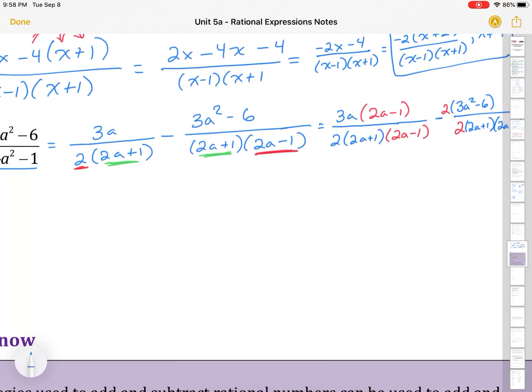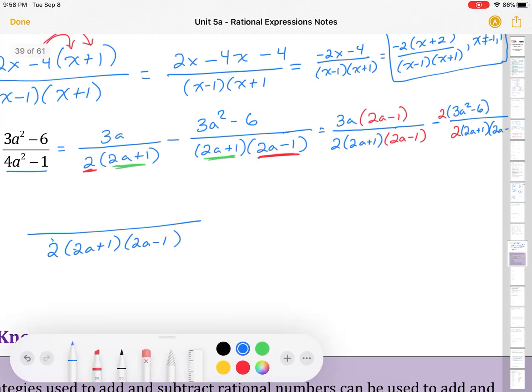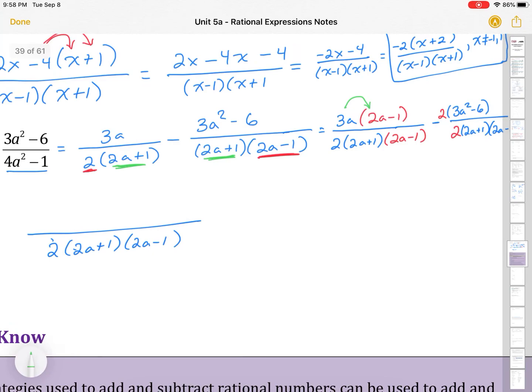Okay, now what does that look like? So here, on my denominator, I have 2 times 2a plus 1 times 2a minus 1. The first numerator I have is 3a, I'm going to distribute it.